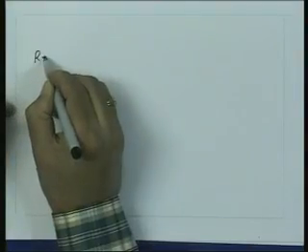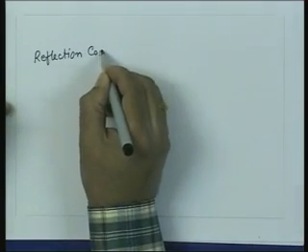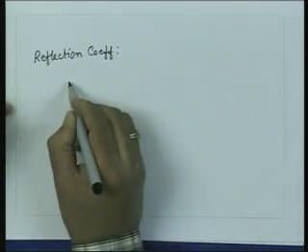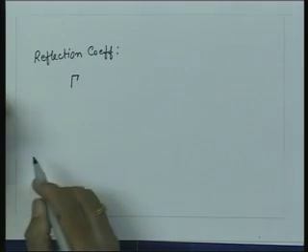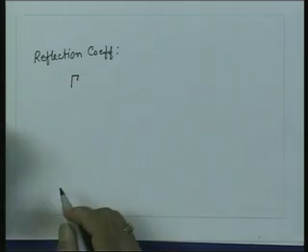So I get now the reflection coefficient, and as we saw, this is denoted by gamma. But in this case we have a polarization which is perpendicular polarization.